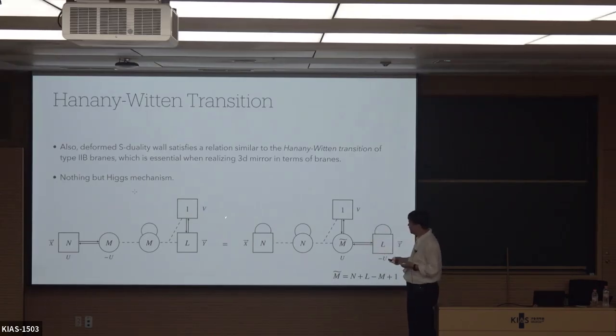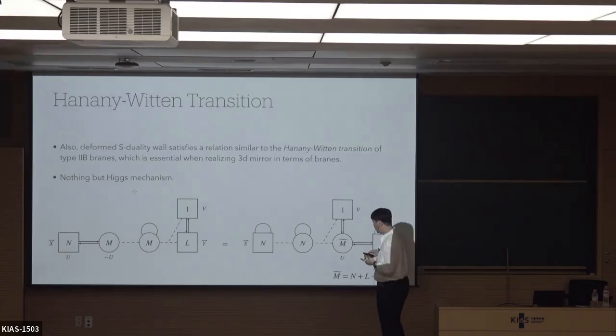And it turns out this deformed TSUN tail together with another copy satisfy exactly the same relation as in the Hanany-Witten move in the brane picture. So we can swap the bifundamental field and this one. Then the rank in between changes like this, which is exactly the same as the condition from the Hanany-Witten move.